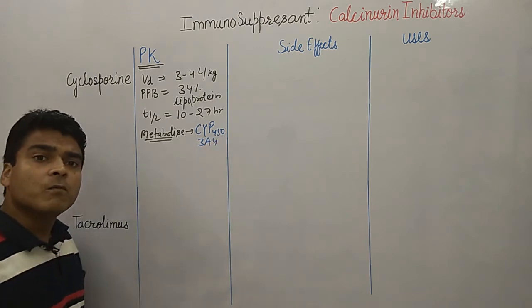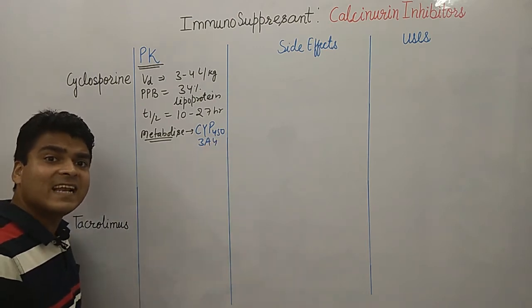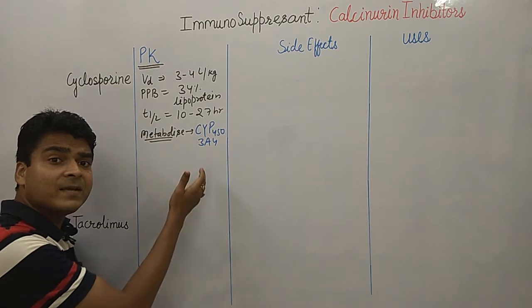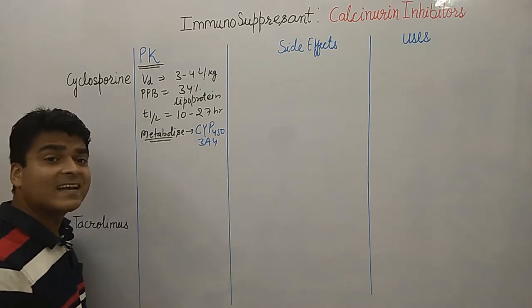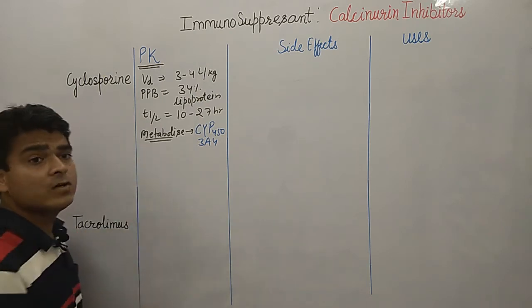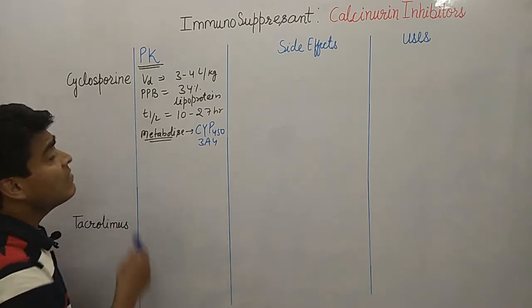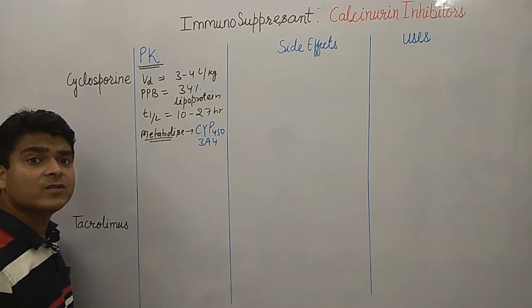So almost all drug-drug interactions with enzyme inhibitors as well as enzyme inducers may occur with cyclosporin. So this is about the pharmacokinetic parameters of cyclosporin.